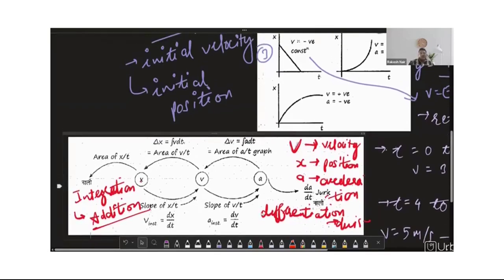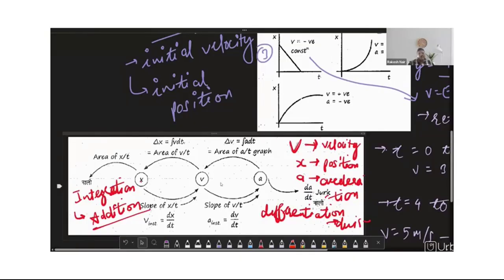Then the concept map becomes clear. So when we want to get position from velocity, we are completely adding every element which comes in terms of v dt. So we are adding it to a limit from zero, say from zero to infinity, or from zero to a time which is t equal to 3 seconds. In that manner, we are adding up and we are getting x.